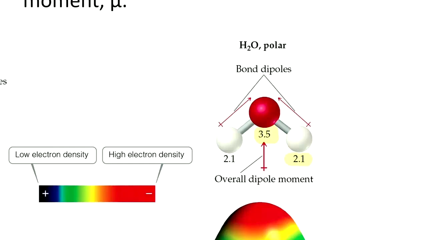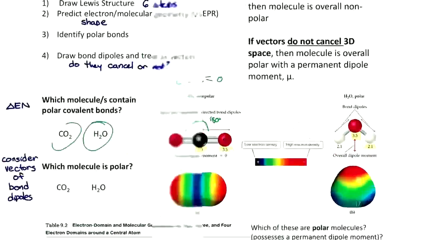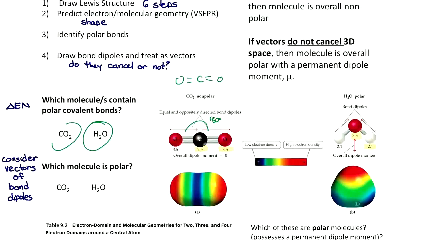That's why water is polar, because those bond angles are about 109 degrees, versus in CO2, they're 180, so they cancel. So which of these molecules is polar? Water. Water is polar. CO2 is nonpolar because of how the bonds are arranged. They're at 180 degrees, so their bond dipoles, or dipole moments, cancel out in 3 dimensions.